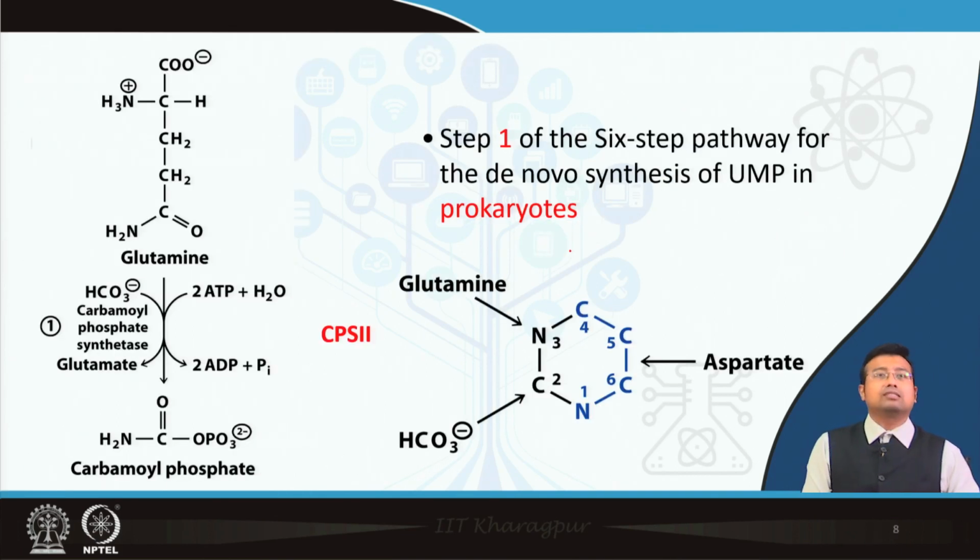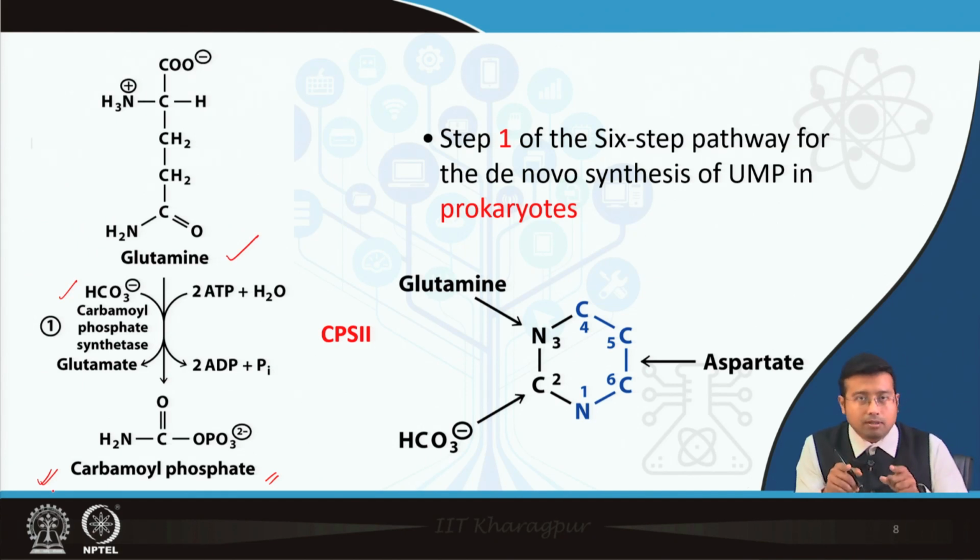So, let us look in the first step what happens. Glutamine and carbon dioxide in the form of bicarbonate form carbamoyl phosphate. You have heard this name carbamoyl phosphate, where?